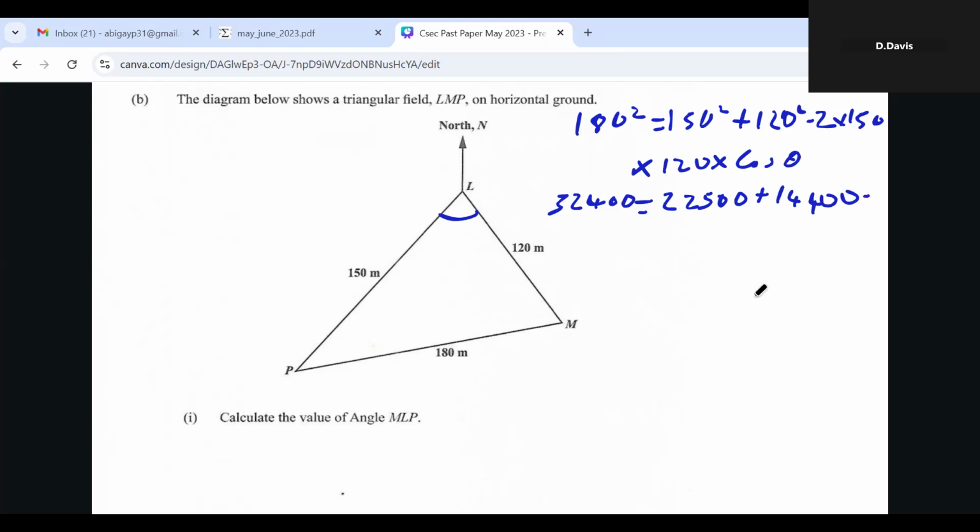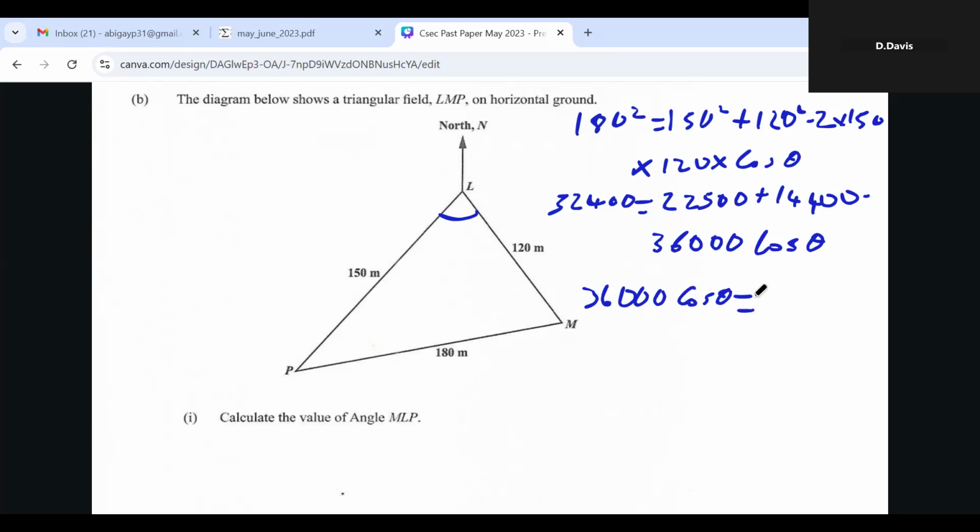Subtract. So I got 2 times 150 times 120. I'm gonna put it down here. 36,000. And then we have cos theta. All right. So I'm gonna put the 36,000 cos over on my left, and then bring everything else over on the right.